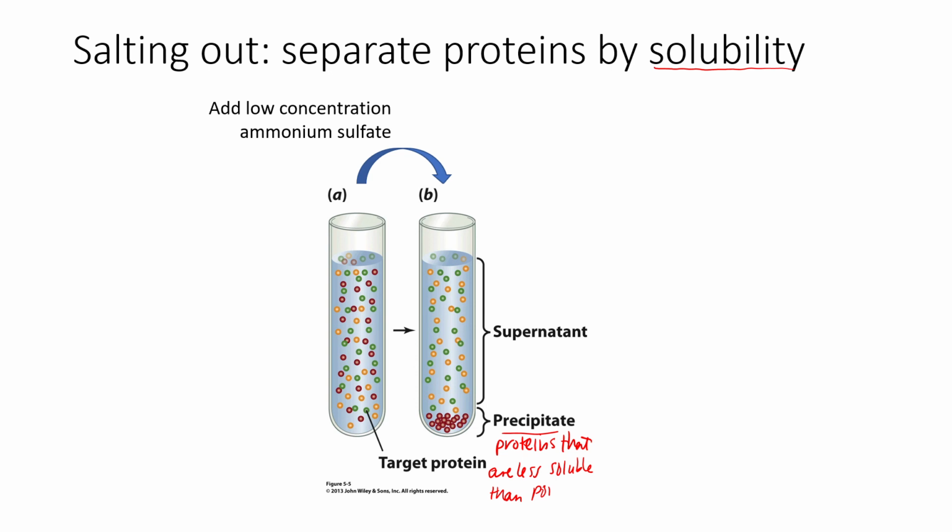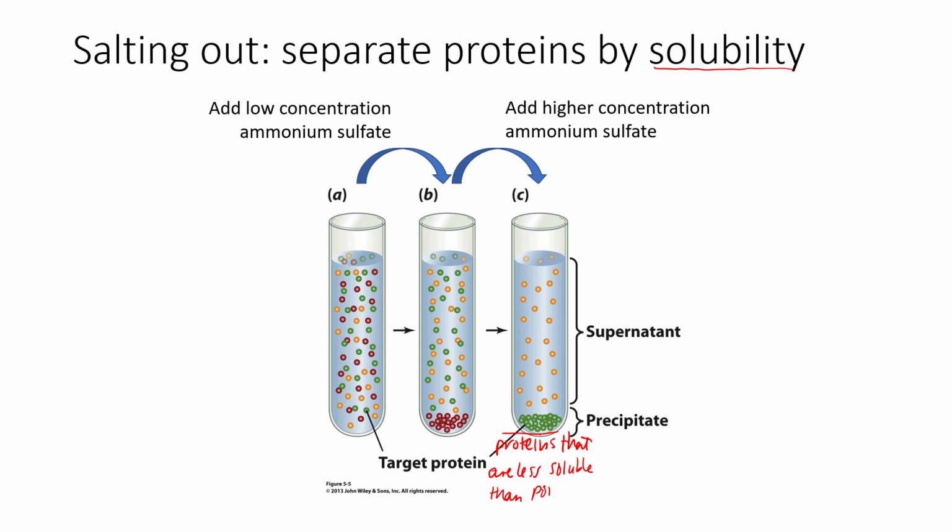Then you can centrifuge your tube, and you'll end up with a nice little pellet at the bottom that contains a precipitate of proteins that you don't want. Your supernatant now contains your protein of interest, as well as other proteins that are just as soluble as your protein or more soluble. At that point, you pull out just the supernatant and put it in another tube.